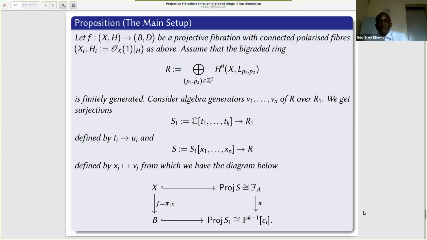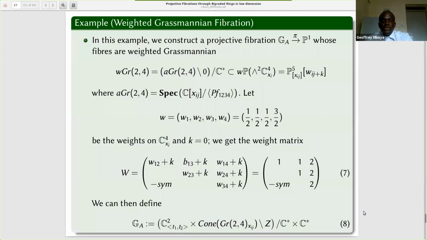And an example here would be weighted Grassmannian fibrations. So weighted Grassmannian fibrations, I've slightly changed the name from F_A to G_A. And that's what I'll be explaining, because the fibers here are no longer P^{n-1}, but are weighted Grassmannians. So weighted Grassmannians are defined as the quotient by the C-star action on affine Grassmannians.